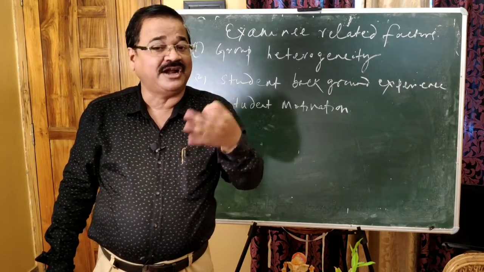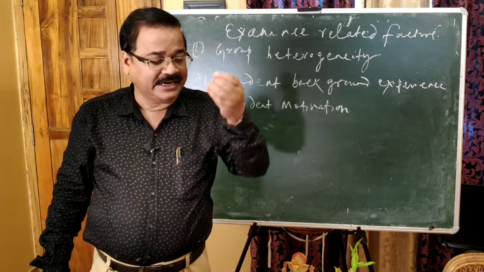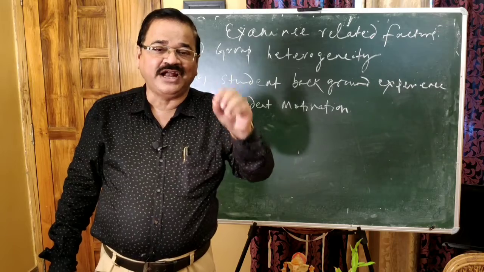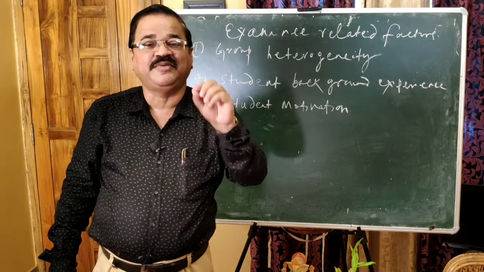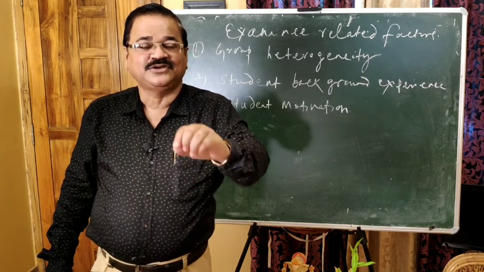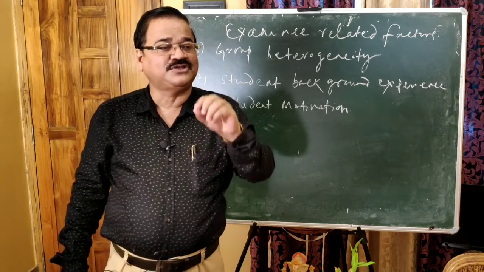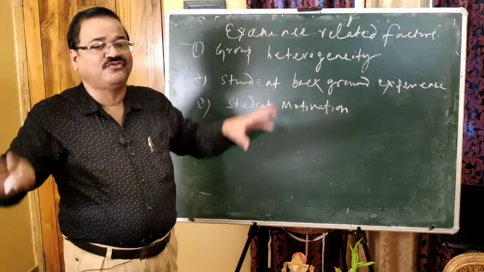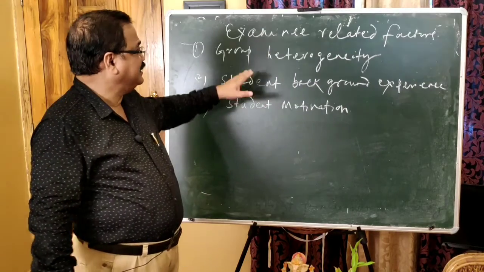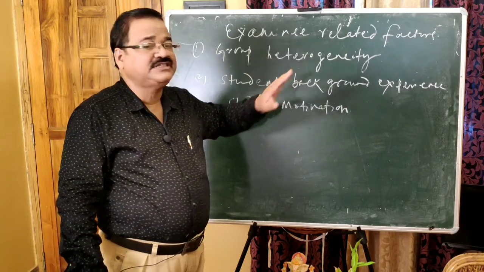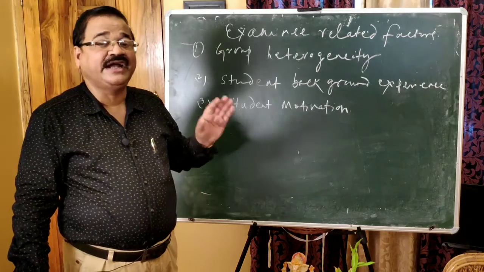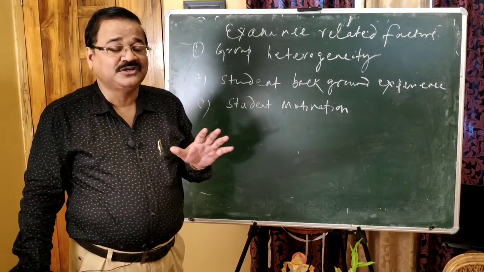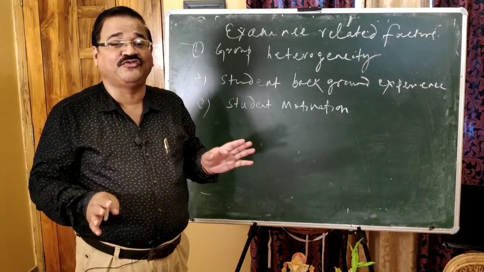In random sampling, what happens? Each and every student has got equal chance of being selected. So here all students will be selected from a larger group, and therefore that group will be heterogeneous. One type of students will not be included in the group.